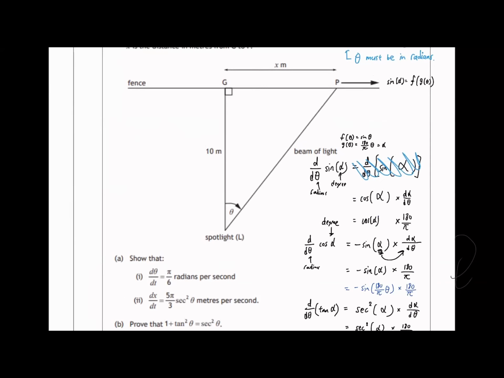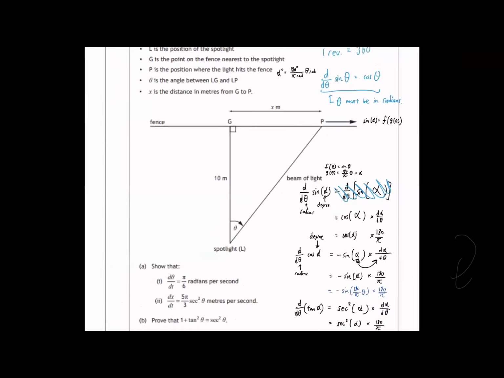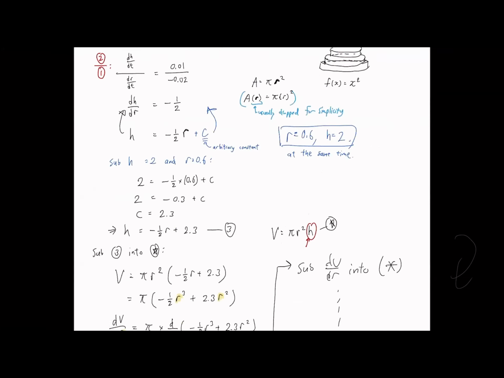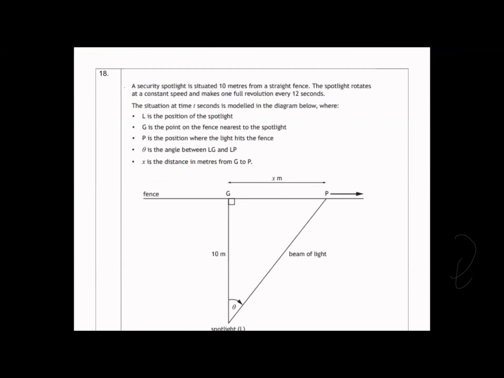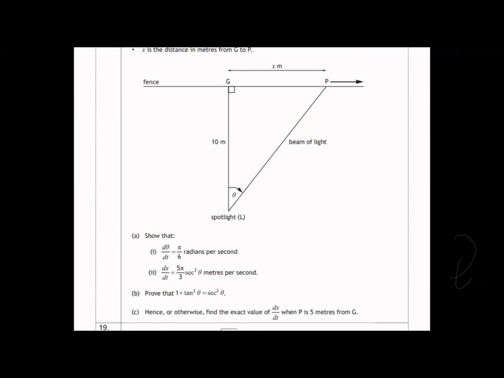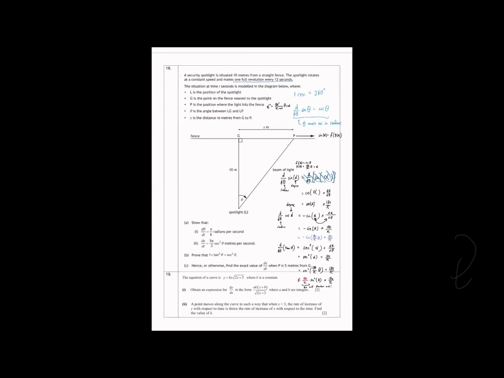How? So let's see. Theta is in radians, right? Theta is in radians. Oh, give me a second. Let me just copy this page first. I'll paste it here. Okay, maybe I will copy that.